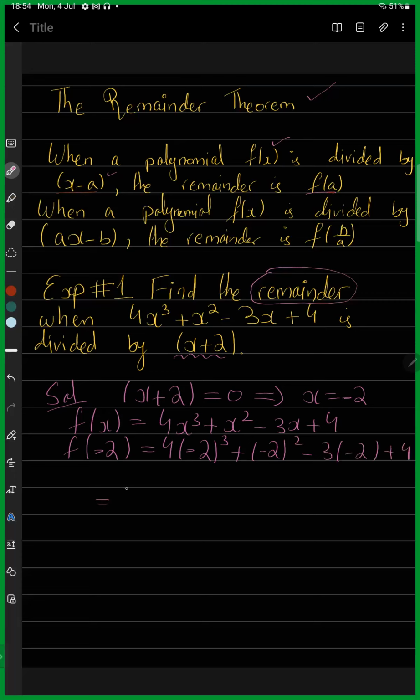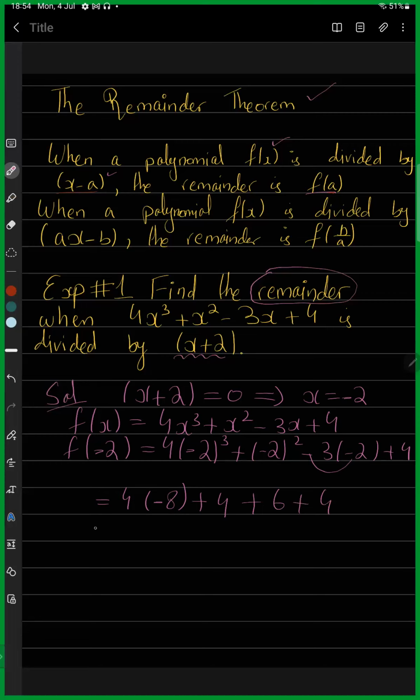4 into minus 2 cubed would give you minus 8, and finally when we multiply it would give you minus 32. Then we have plus minus 2 squared, which would be 4. Minus into minus would make it plus 6, plus 4.